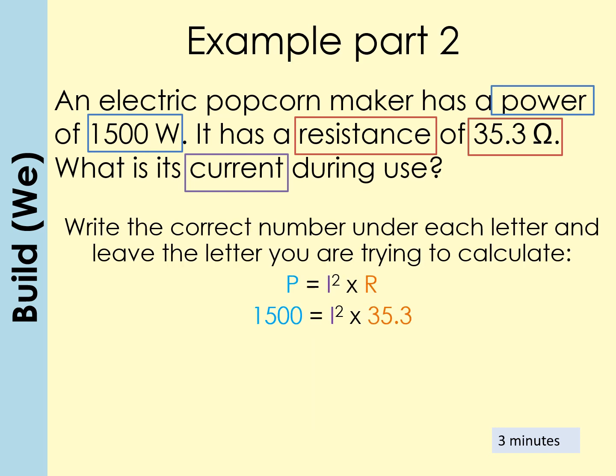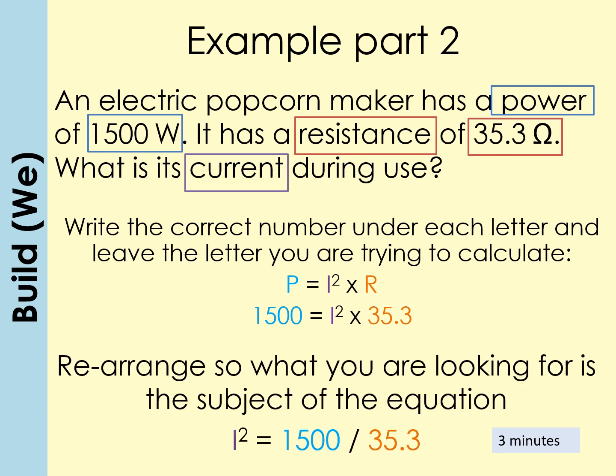So we need to rearrange the formula so that the thing we're looking for, in this case current, is on one side of the equation. So it's current squared equals power divided by resistance. But at this point, you still don't need to do the calculation, or you will in a second, but there is one more step.